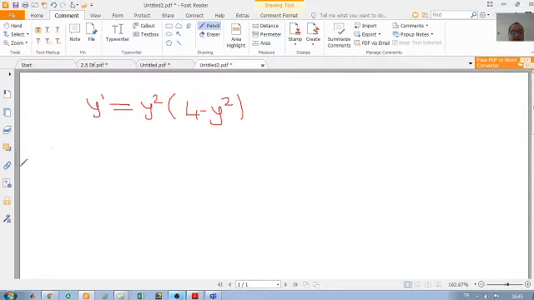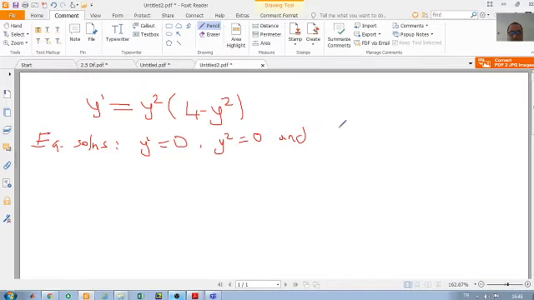First, we need to find the equilibrium solutions. The derivative should be 0, which means y squared is equal to 0, and 4 minus y squared is equal to 0.